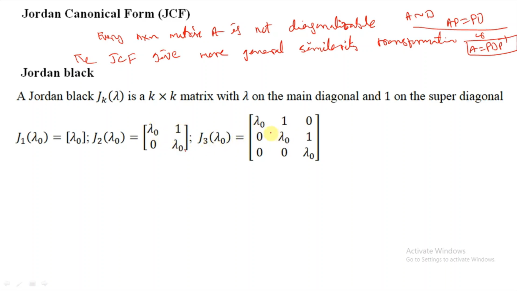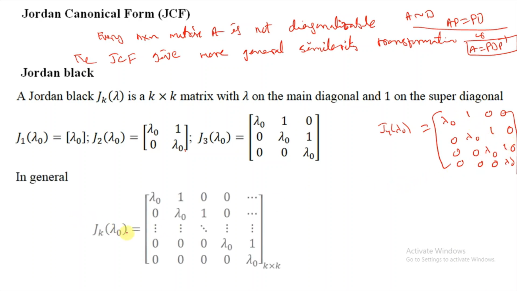It's a 3 by 3 matrix: lambda naught is on the main diagonal, 1 is on the super diagonal. Suppose a 4 by 4 Jordan block: the main diagonal is lambda naught, lambda naught, lambda naught, and lambda naught, and the super diagonal elements are 1, 1, 1, with all other entries 0. So in general, for a k by k matrix, only the main diagonal elements are the eigenvalue and the super diagonal elements are all 1.